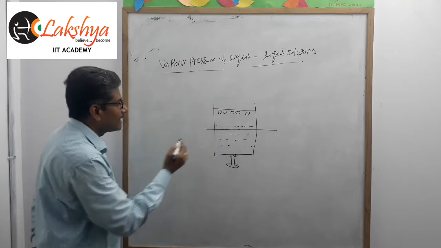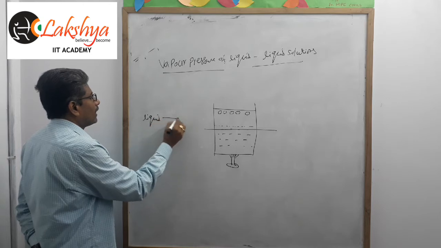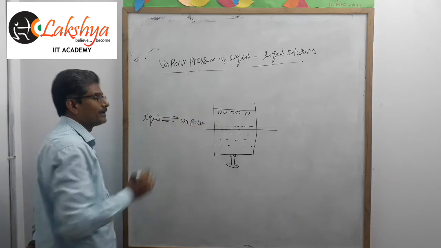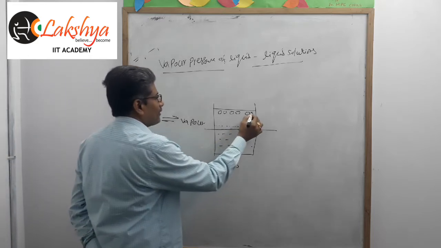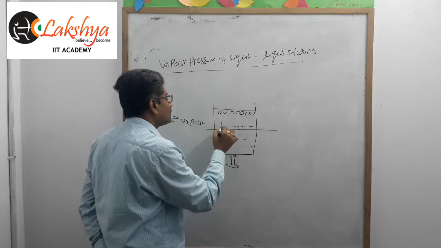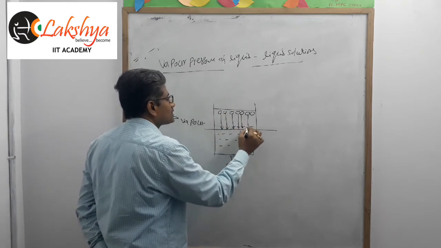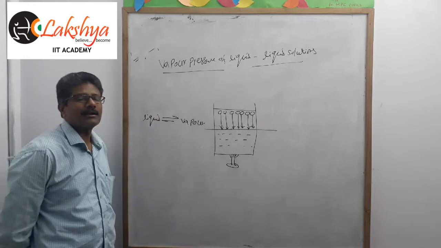That is called equilibrium: liquid and vapor are in equilibrium. At that position, the vapor molecules exert some pressure on the surface of the liquid. That pressure is called vapor pressure.